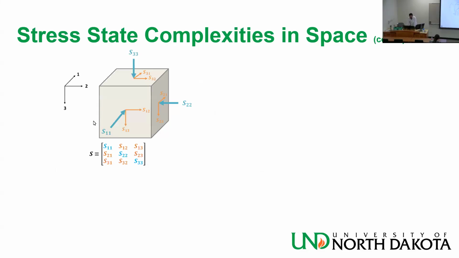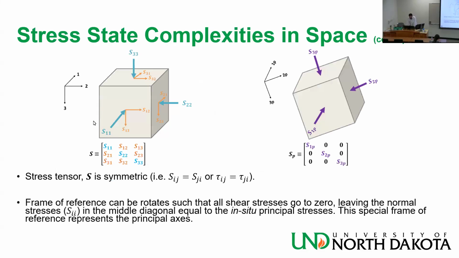And you spend a lot of time on your homework doing that. Remember, it's a matter of perspective. I rotate my frame of reference a certain way, and I get all the shear stresses to zero out. Therefore, what I have on the normal stresses is the diagonal of the matrix, those principal stresses.